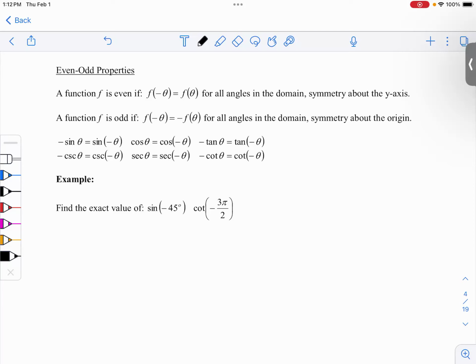Can you name the epitome of an even function? Not a trig function, just from algebra. What is the most famous even function? One that is symmetric about the y-axis. Anyone know?